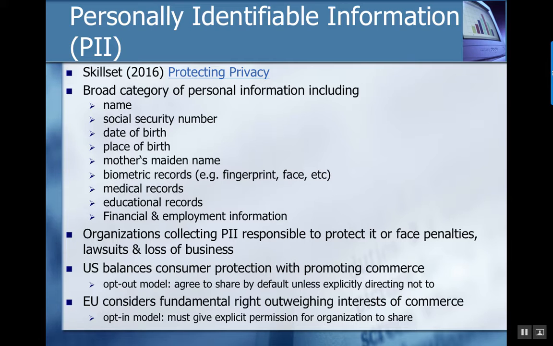Organizations that are responsible for this, that have access to it and aggregate it, have a responsibility to protect it or face penalties or loss of business.